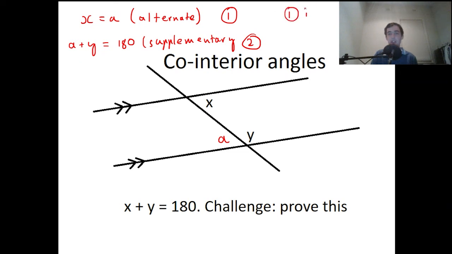So we write 1 into 2. So instead of writing A here, we write X. Substituting equation 1 into 2: X plus Y equals 180. And that's the proof.